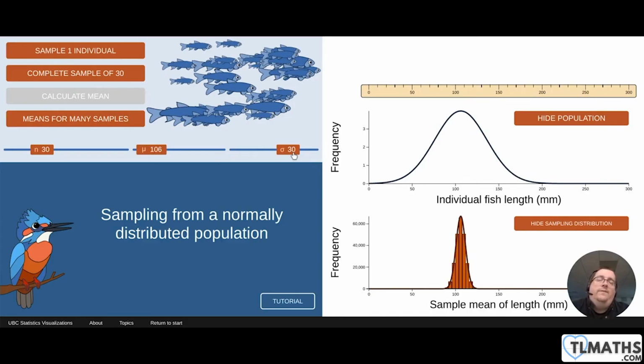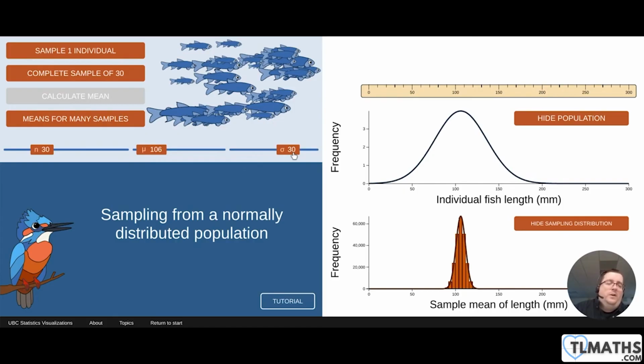Now, what we then need to do is determine, is the mean of your sample extreme enough to suggest that the population mean that we know is not right? Sorry, I should just say the population mean.